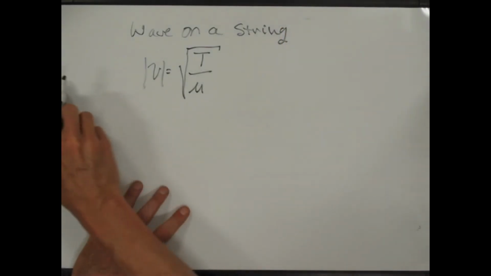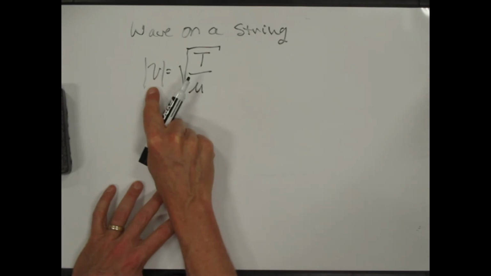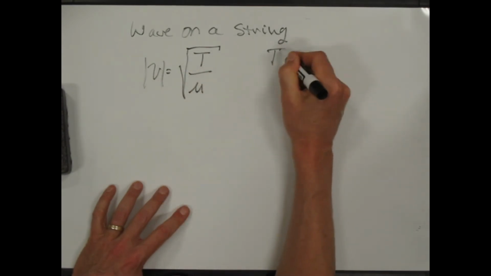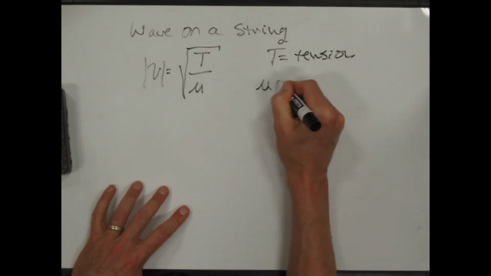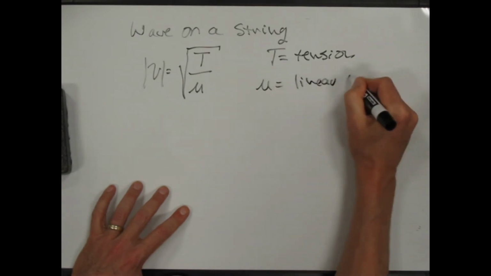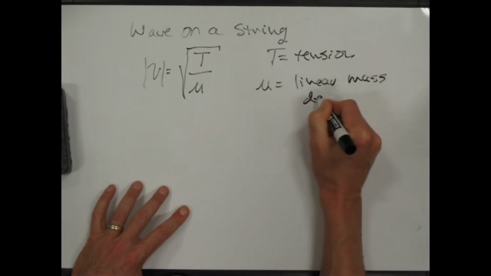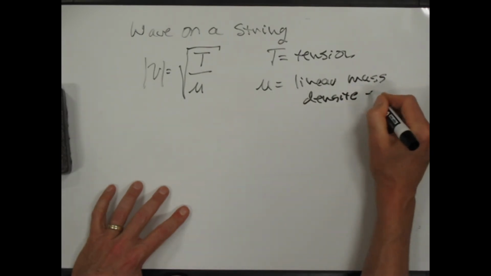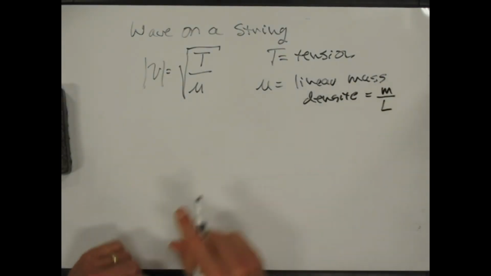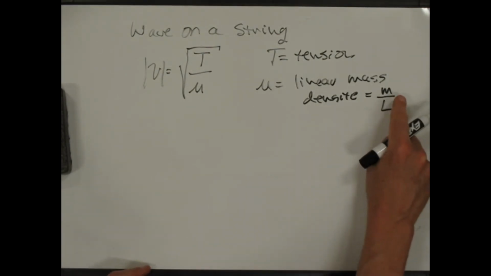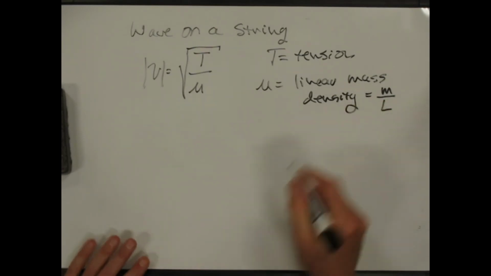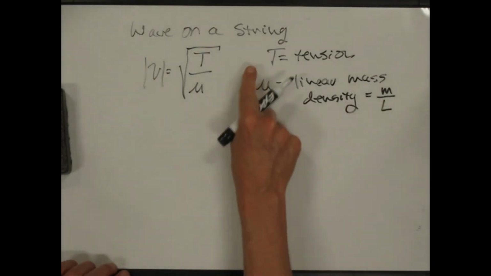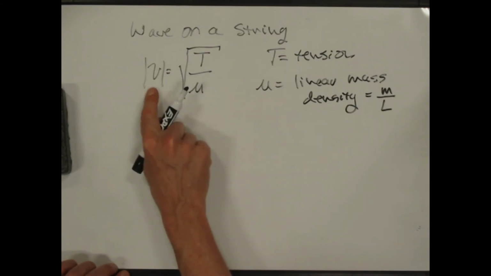T equals tension, and mu equals the mass of the rope divided by its length, or the mass per unit length. So a rope might have 10 grams per meter or something like that, depending on what kind of string or rope it is. And so if you know the tension and the linear mass density, you can determine the speed of the wave on the rope.